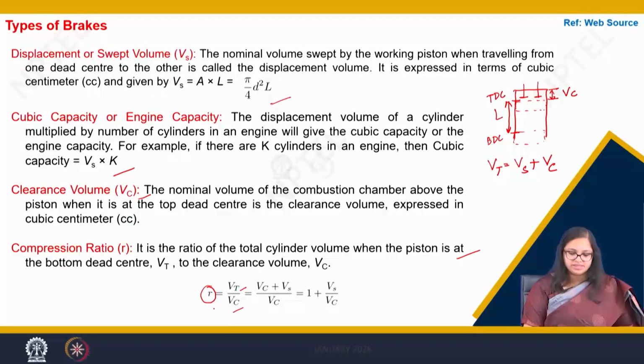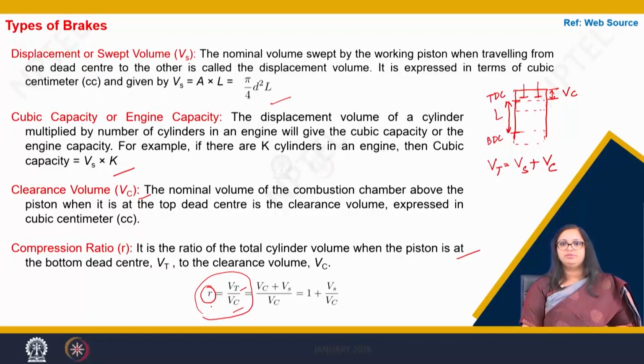So, that is given by this compression ratio, with the notation R equal to total volume divided by the clearance volume, which again we can write as Vc plus Vs by Vc, which is equal to 1 plus Vs by Vc.